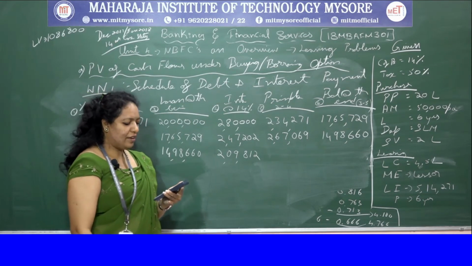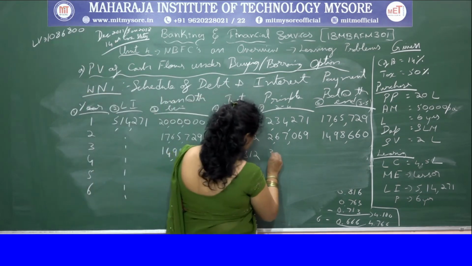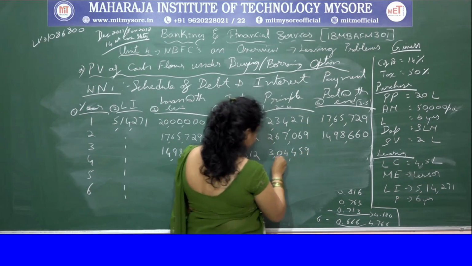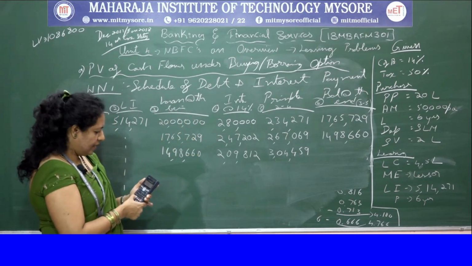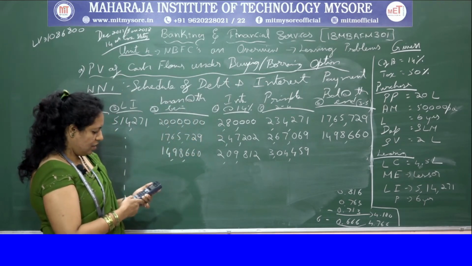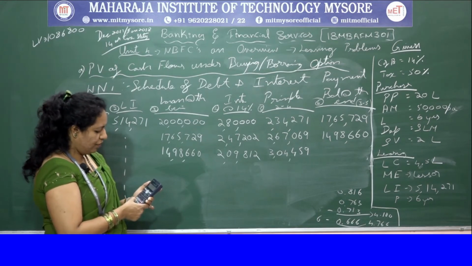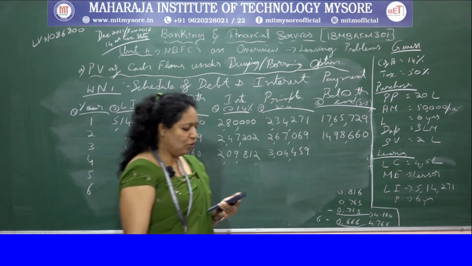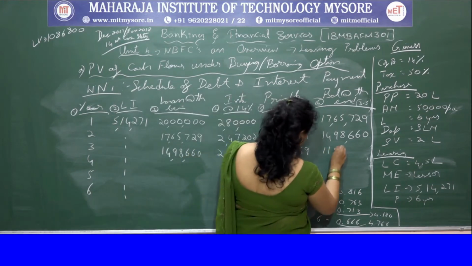You get 3,04,459. 3,04,459 you get, and 14,98,660 minus 3,04,459. You get 11,94,201.